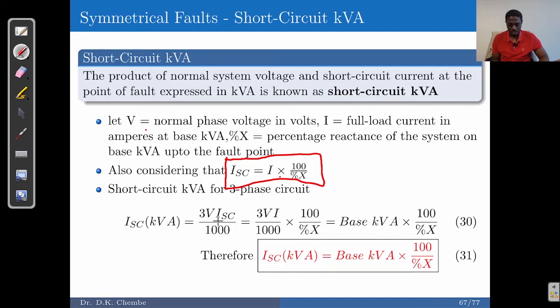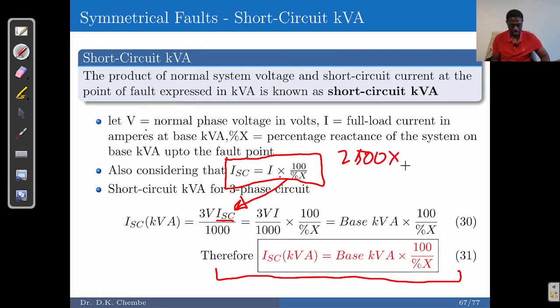Now, if we replace the short circuit current by this formula into this equation, then we obtain the short circuit current in KVA to be equal to the base KVA multiplied by 100 over percentage reactance. And this still shows us that you obtain the same result as the previous example. In the previous example, we had selected the base KVA of 2500.